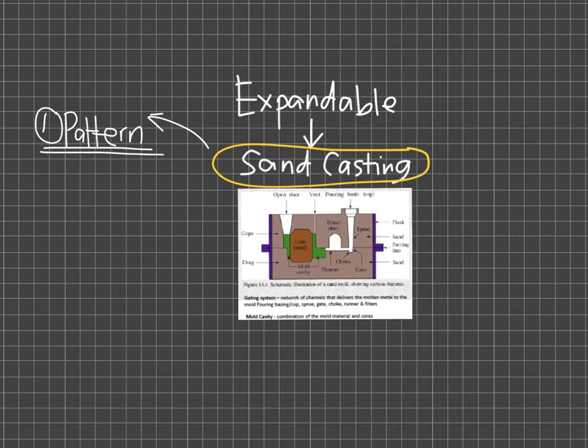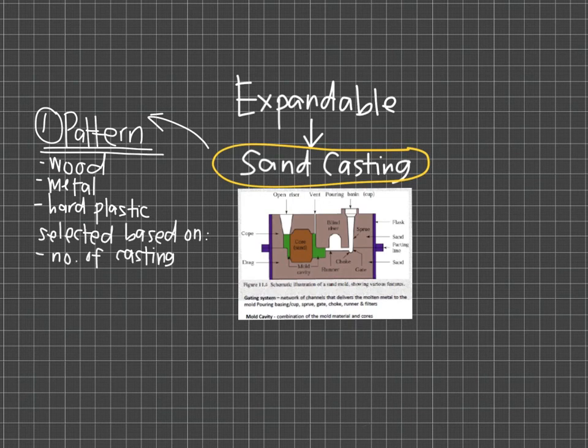The pattern is mostly made from wood, metal, and hard plastic. The type of pattern is selected based on the number of castings and the complexity of the part, and the complexity itself is based on the shape and dimension of the product.